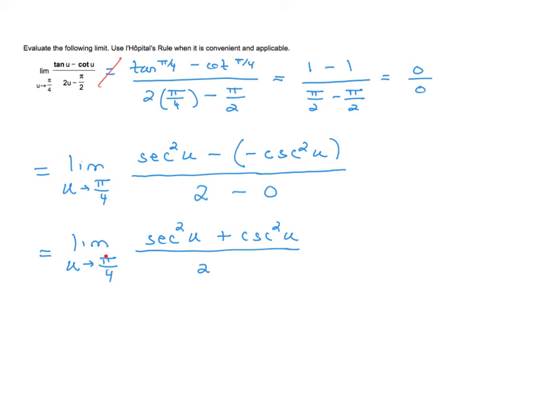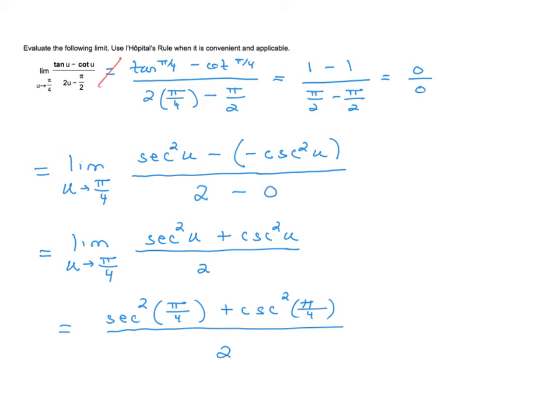So I think we can just plug pi over 4 in place of both of the u's and get a value for this limit. The value of the limit should be secant squared of pi over 4 plus cosecant squared of pi over 4, and that whole thing is divided by 2.